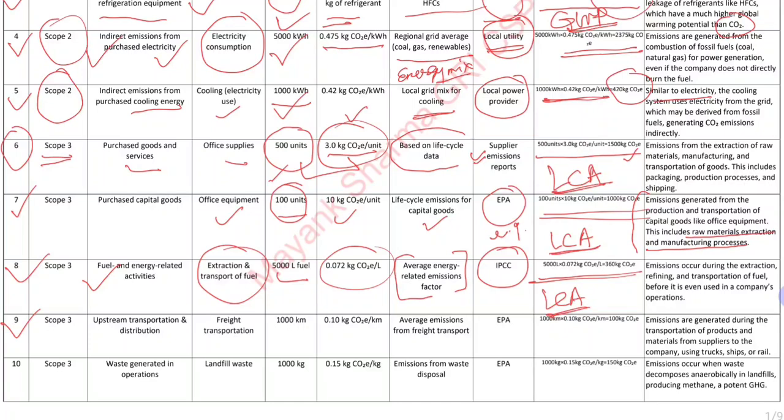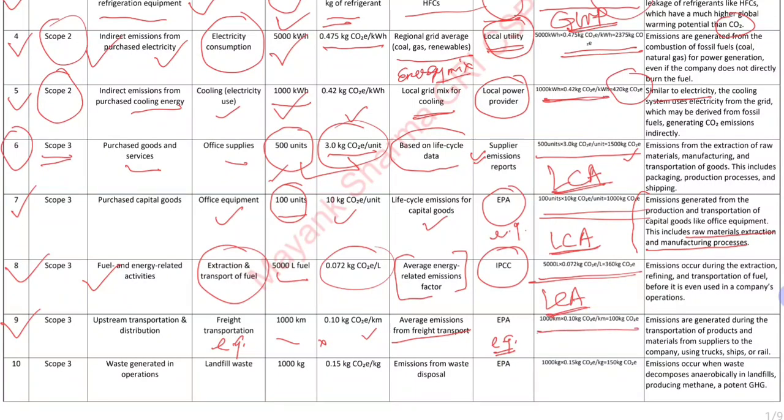Again, a scope 3 example: upstream transportation and distribution. Taking an example related to freight transportation, let's say the freight is transported 1000 kilometers, multiplied with this emission factor. And how do we get the emission factor? Basically, by averaging of emissions from freight transportation. We took this example of emission factor from the EPA website.